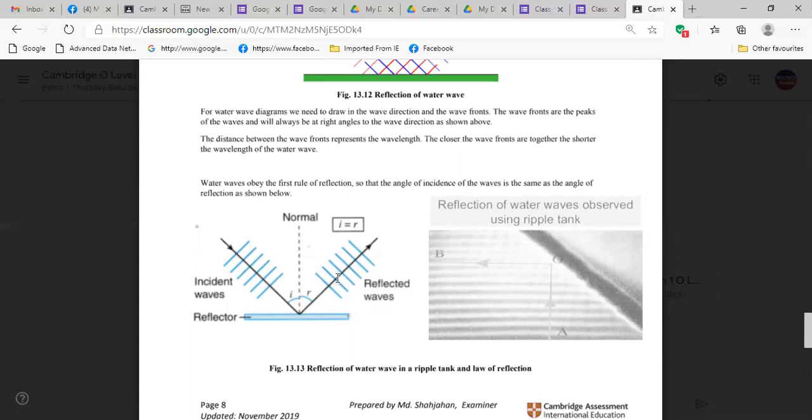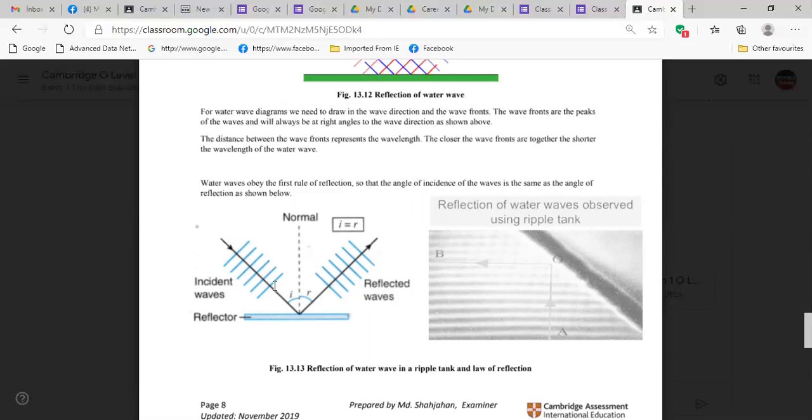First you draw this reflected wave. Then you take these lines. In between two lines is the wavelength, right? So when we draw lines here, we should keep the same gap, because when the wave is reflecting back, the wavelength is same and the speed is same.